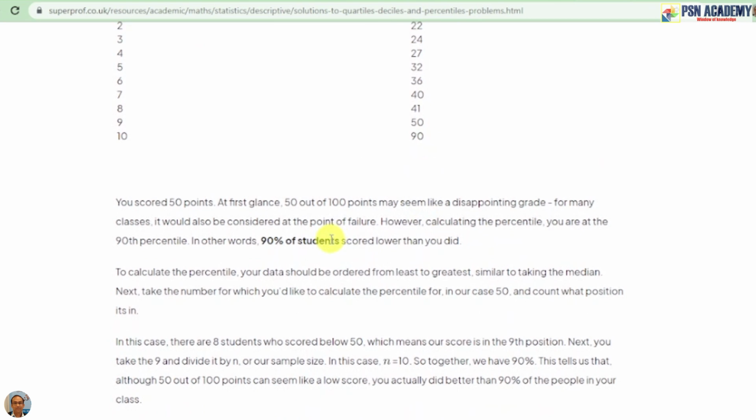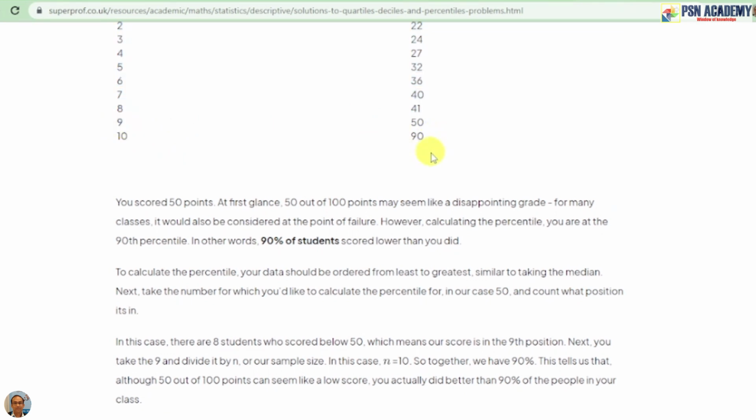Well, this is one method they are following. See, in this scenario, in this data set, there are 8 students who scored below 50. That's true. We are admitting that. Which means our score is in the 9th position. That is also true. 50 is in the 9th position.